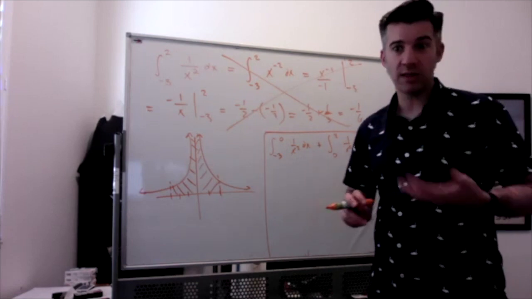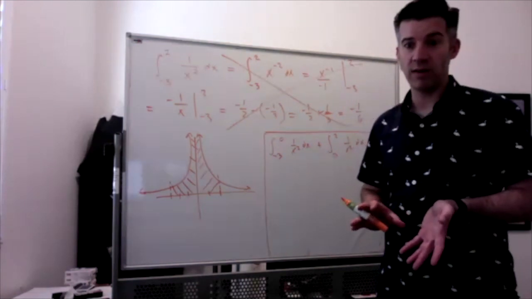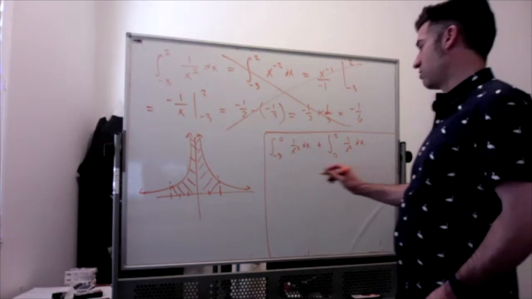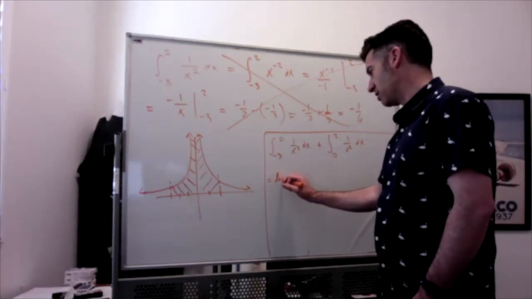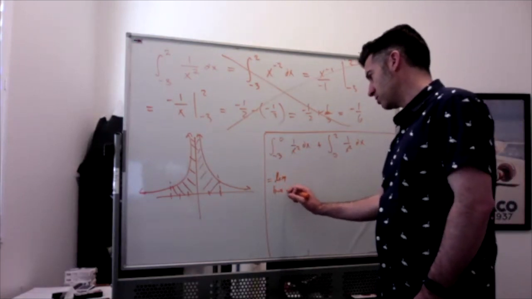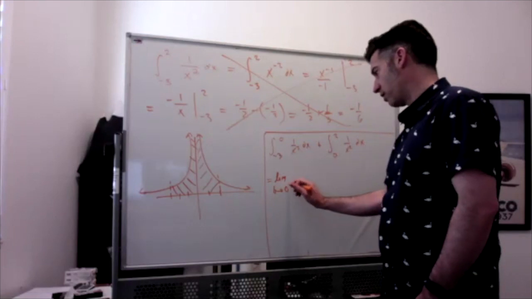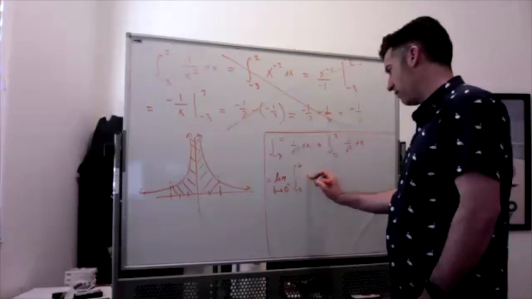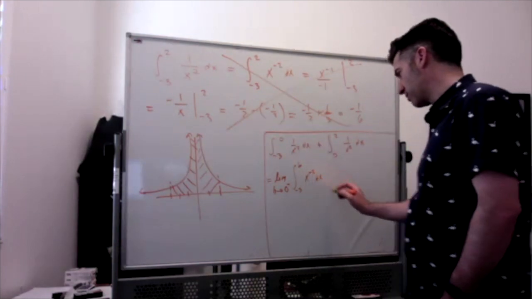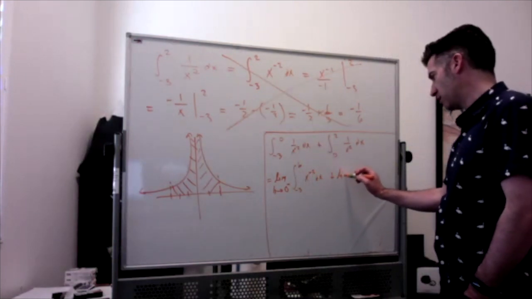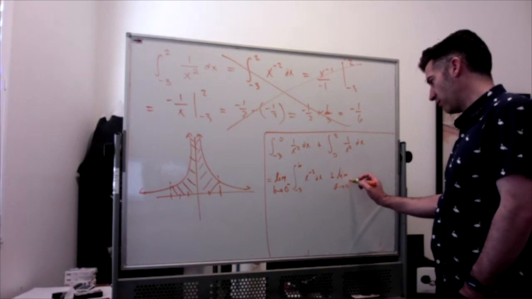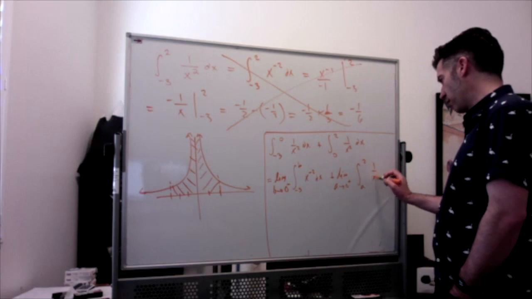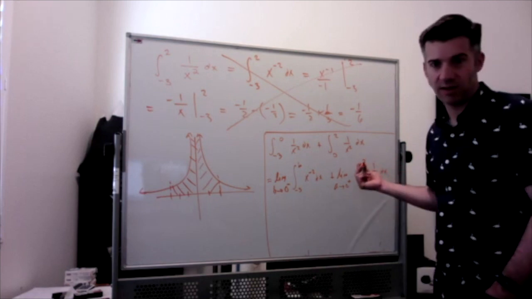And I can't stress enough, I really do recommend dealing with just one of these at a time. Or you can, if you want to, say okay, this is the limit as b goes to 0 from the left of the integral from -3 to b of x to the -2nd dx, plus the limit as a goes to 0 from the right of the integral from a to 2 of 1 over x squared dx, or x to the minus second.